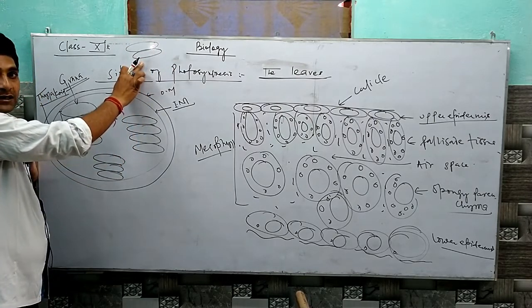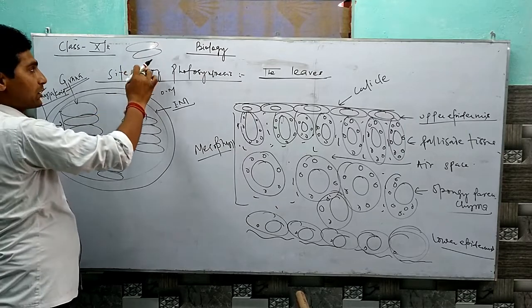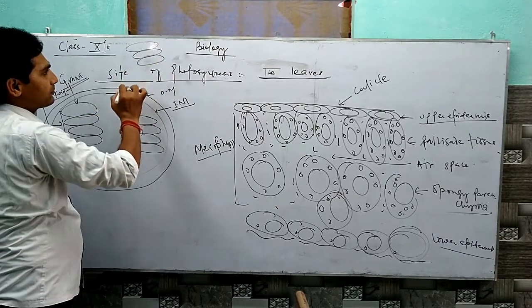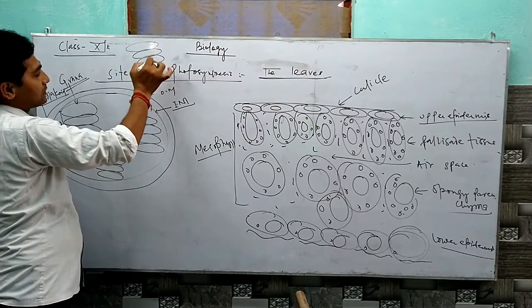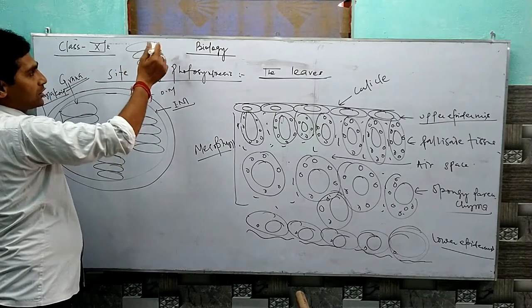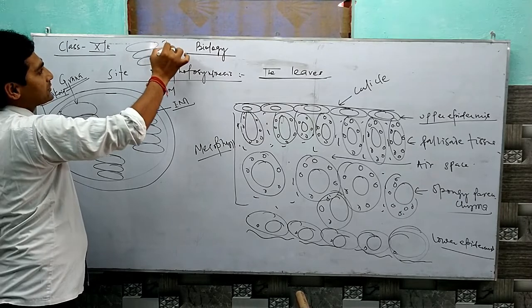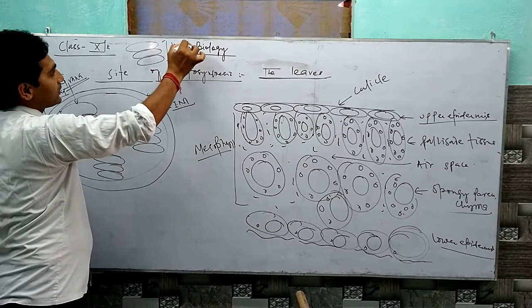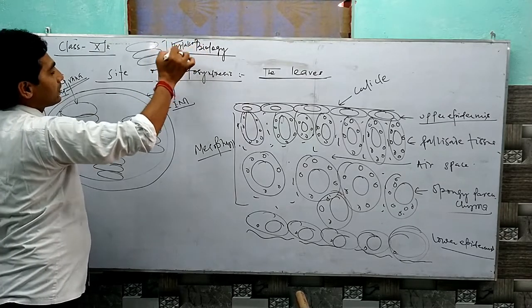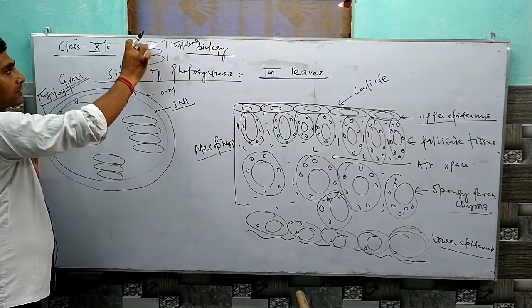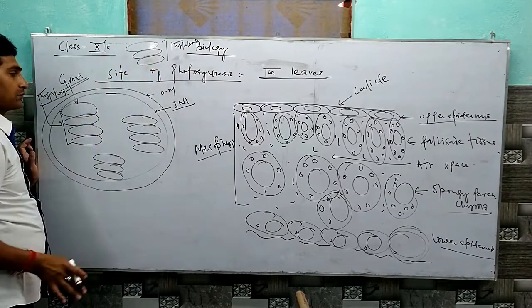Grana is plural and granum is singular. So when a number of grana lie one upon another, such a structure is called thylakoid.